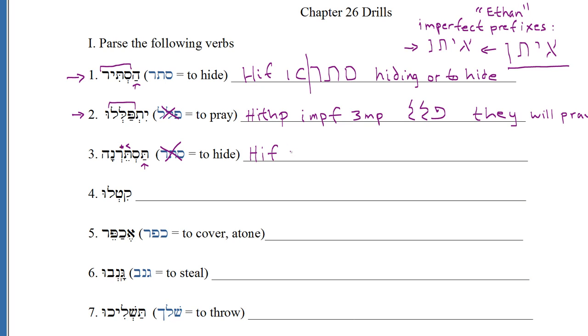So we have hifil, we had the imperfect already from the tav prefix, and then we have second feminine plural or third feminine plural, and so it would be either you, feminine plural, or they, feminine plural, will hide.